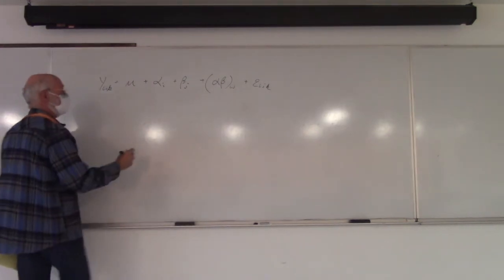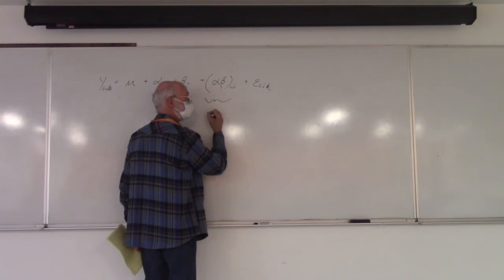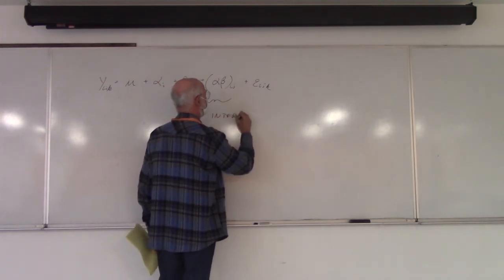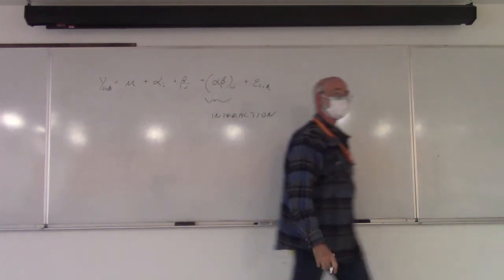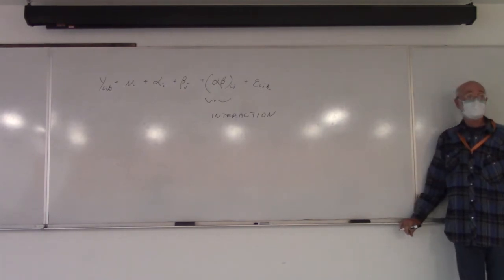In other words, what I mean by this term right there, I mean there's a possibility that I have interaction. One seed might respond differently to higher fertilizer levels than the other seed. Oh, we talked about interaction before, didn't we?